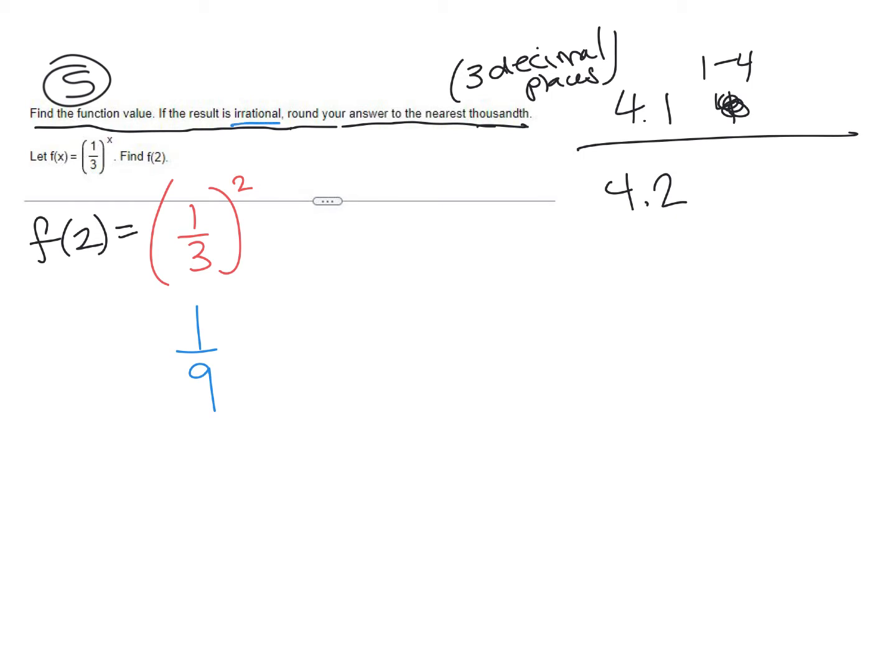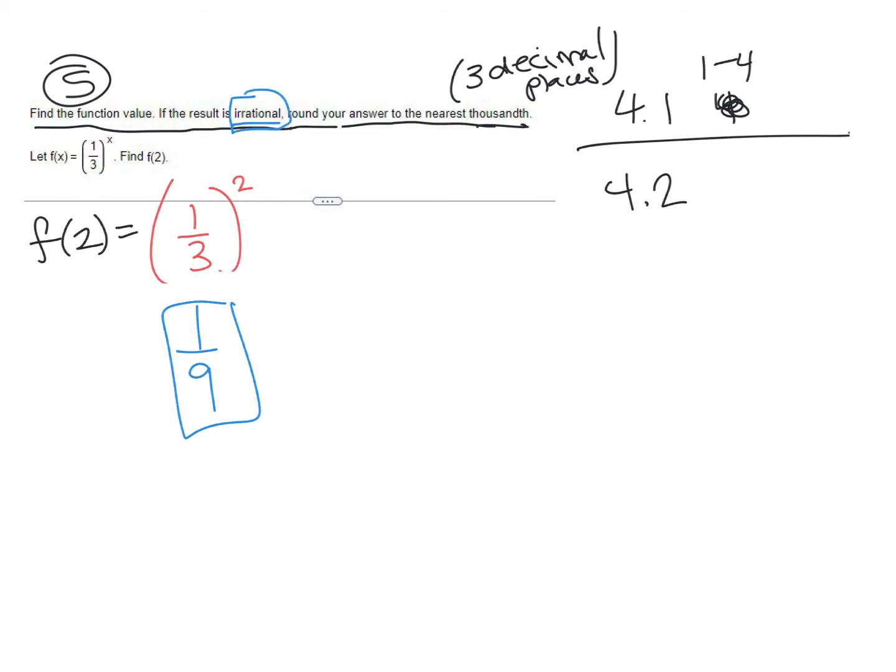It would be irrational if it was a decimal that we couldn't convert to a fraction, or it was something like pi or e. So we just end up with 1/9. We don't even have to round to the nearest thousandth because it's not irrational. If it can be written as a fraction, it is not irrational.